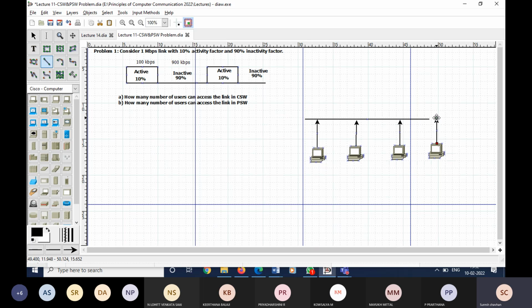So like this, many systems will be connected to this 1 Mbps link. I'll write it as this is the 1 Mbps link.